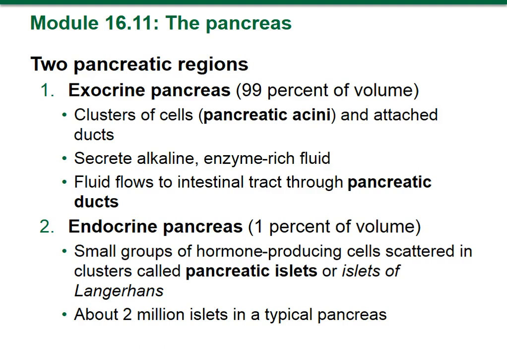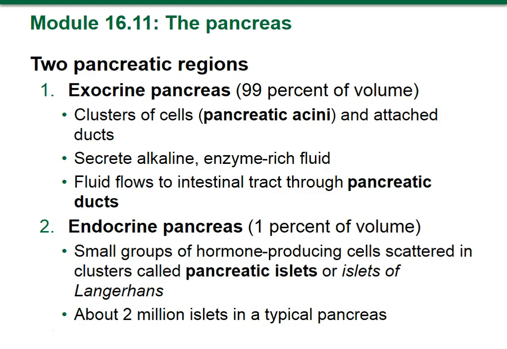And there's two regions of importance, the exocrine pancreas and the endocrine. The exocrine pancreas, that is most of your volume, and you have clusters of cells called pancreatic acini, and they have attached ducts. They secrete an alkaline, enzyme-rich fluid, and the fluid flows to the intestinal tract through the pancreatic ducts.